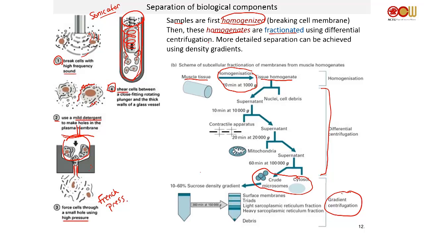Use a cesium chloride centrifugation gradient, or in this case you can use sucrose nowadays. Sucrose can do that too. You'll get surface membranes, other dead cell debris, and the heavy and the light sarcoplasmic reticulum fractions, etc.